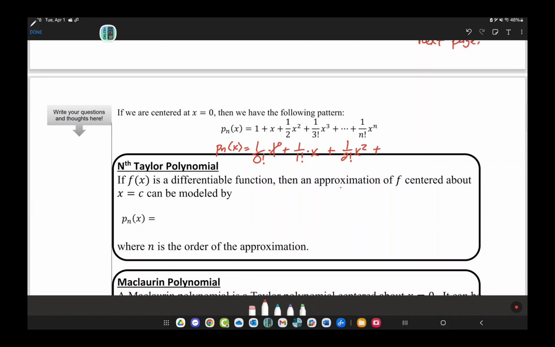Now, we are eventually going to learn that you're just going to have to memorize this one. There are 4 Taylor polynomial approximations you will need to memorize. That is the approximation for e to the x, sine x, cosine x, and 1 over 1 plus x.